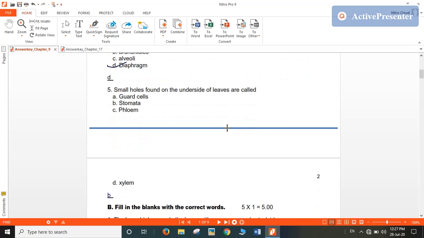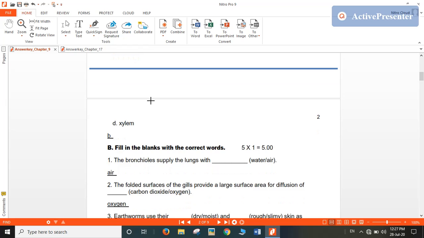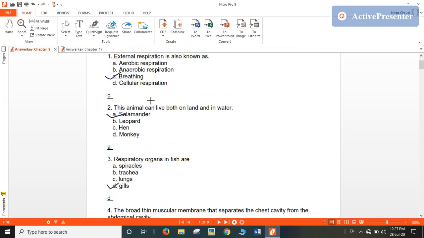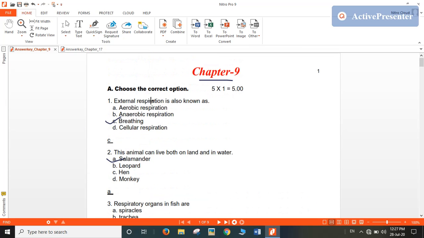Next question: small holes found on the underside of leaves are called stomata. So B is the answer. These are the answers of choose the correct option.